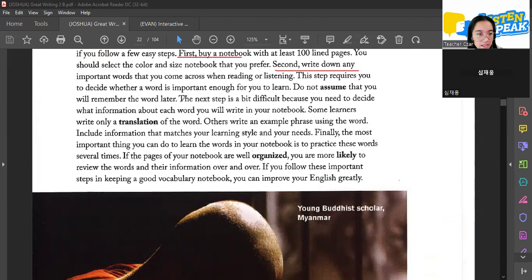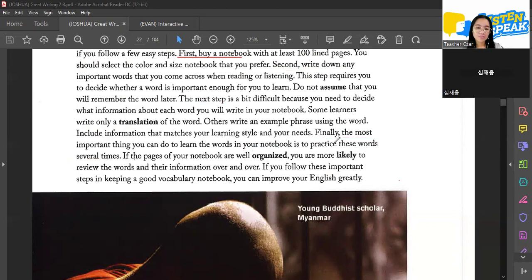Also, the next step is a bit difficult because you need to decide what information of each word you will write. And finally, the most important thing you can do to learn the words in your notebook is to practice the words several times.